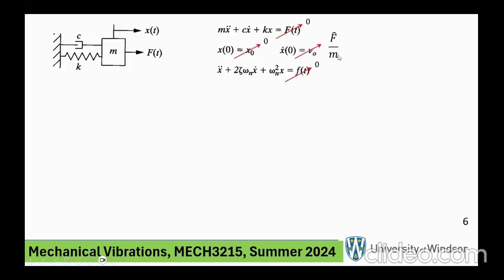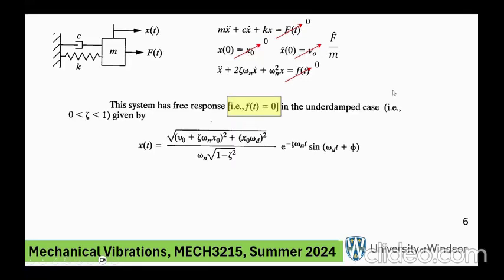The only thing is that the mass has an initial velocity, therefore there is an x dot 0, which is called v naught, and of course the initial position is 0, x naught is 0. Now, let me remind you that we spent about a week on solving equations like this, where the right-hand side is 0 and subject to given initial position and initial velocity.